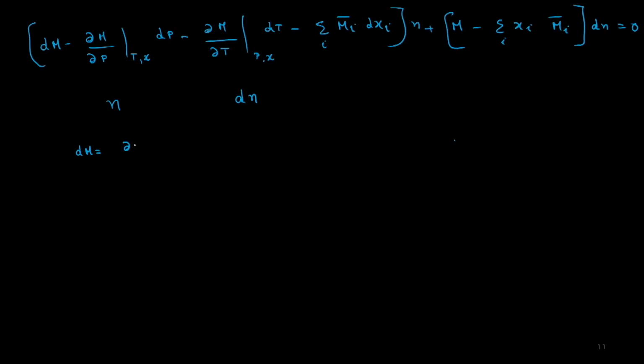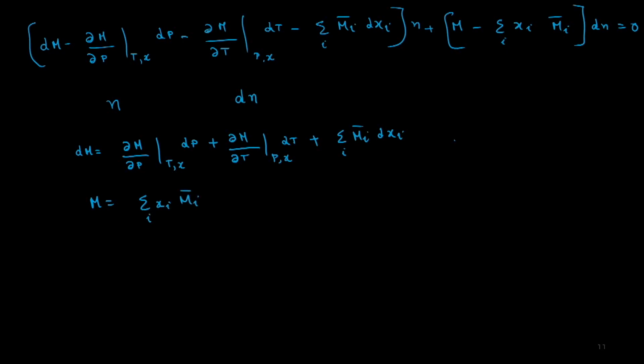The total molar property differential dm is going to be the derivative of m with respect to p at constant t and x dp, plus the derivative of m with respect to t at constant p and x dt, plus sigma mi bar dxi over all i. The second equation is m equals sigma xi mi bar, again over all i.